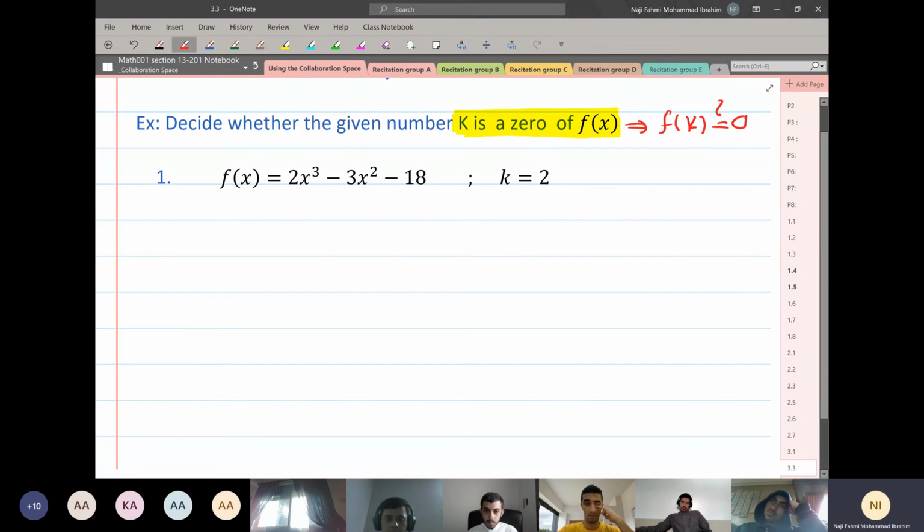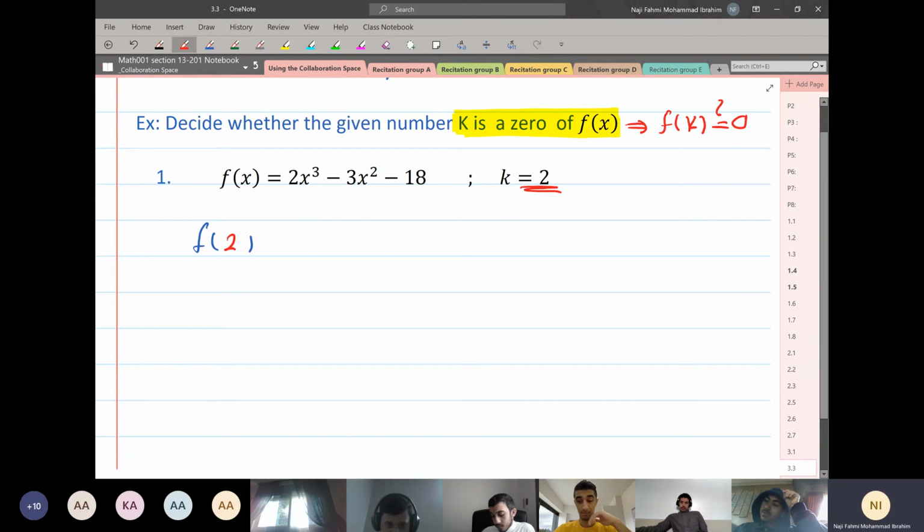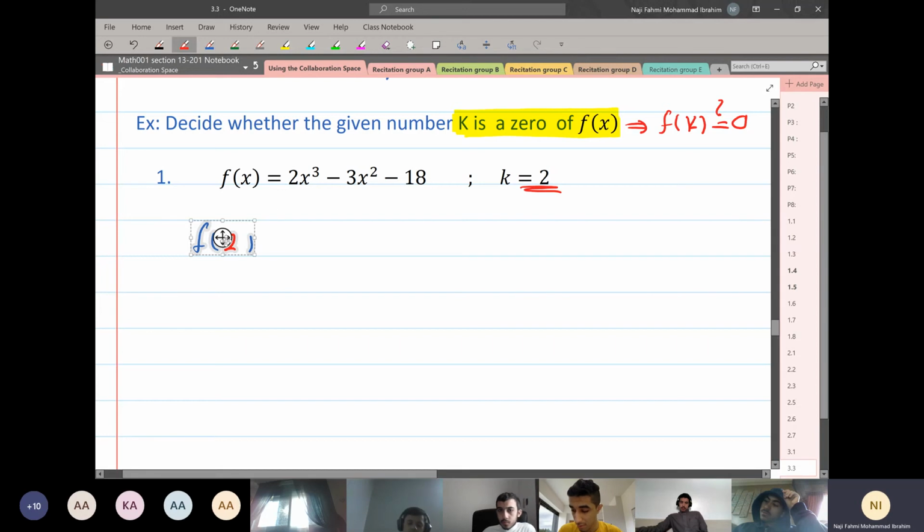So we have to find what now, guys, in this example, the first one? We have to find f of 2. This is given to me. How can I find f of 2? There are two ways to find f of 2. The first way is by substitution. The second way by the division. I want you to do both methods. Yeah, start.